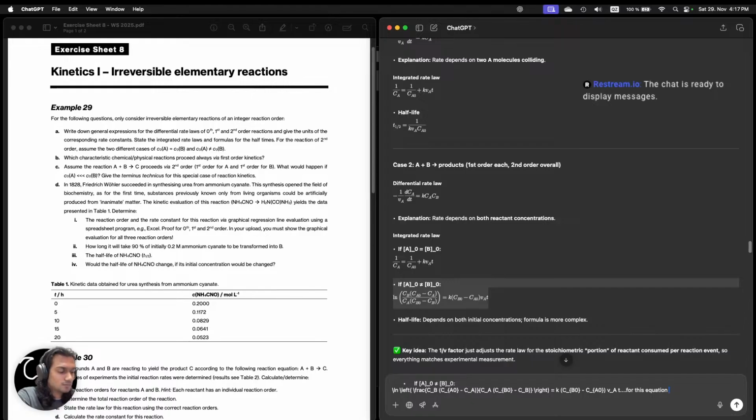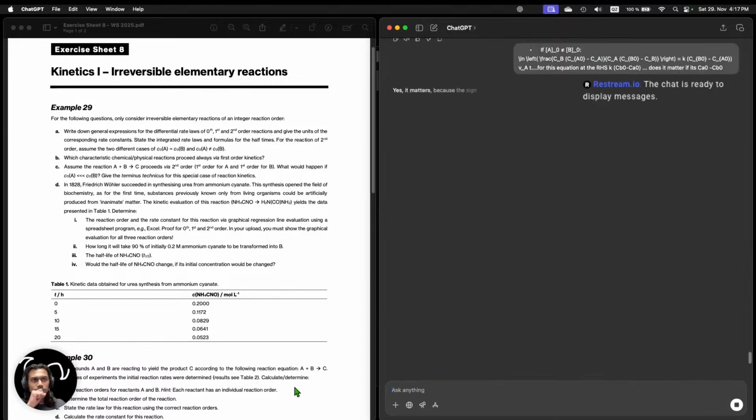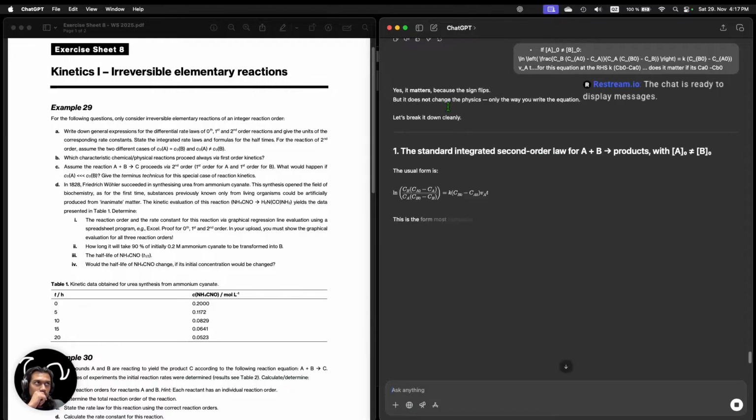For this equation, does it matter if it's C? I don't think it matters. Yes, it matters because sign flips.